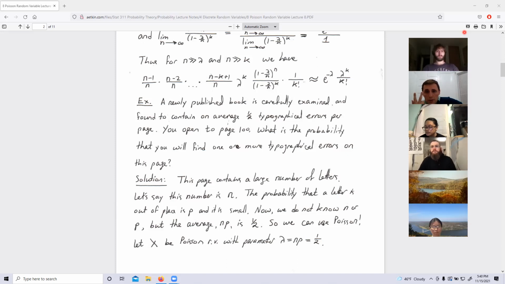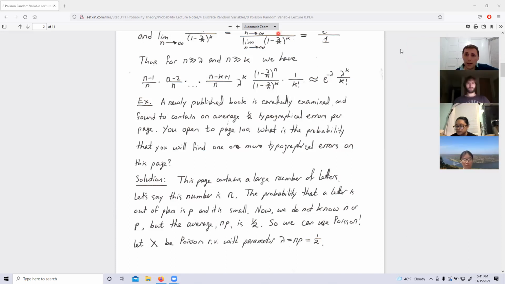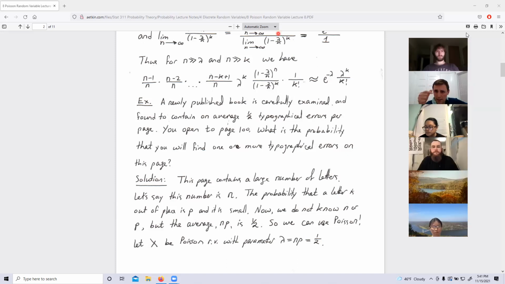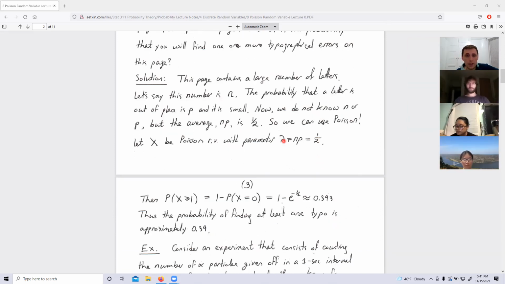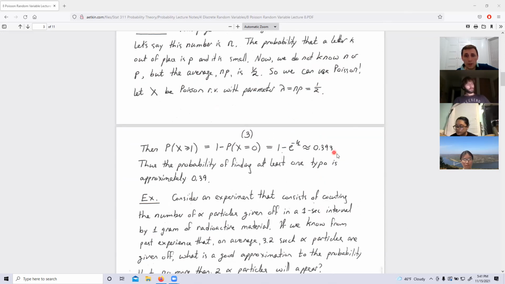So that's what the 1/2 here means. n times p is 1/2, meaning about 1 error per 2 pages, or 1/2 of an error on average per page. It means one letter is out of place, out of many, many trials of letters. And then we can use the Poisson to estimate the probability that there will be more than one error or more than 0 errors on a particular page.